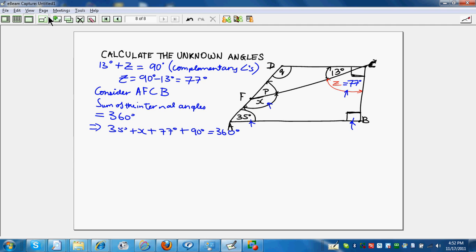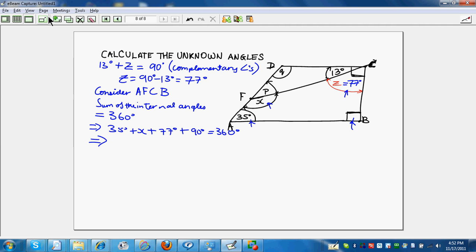We had studied that before. And even if you didn't remember, you could use the equation 2n minus 4 in brackets times 90. That would give us 360.